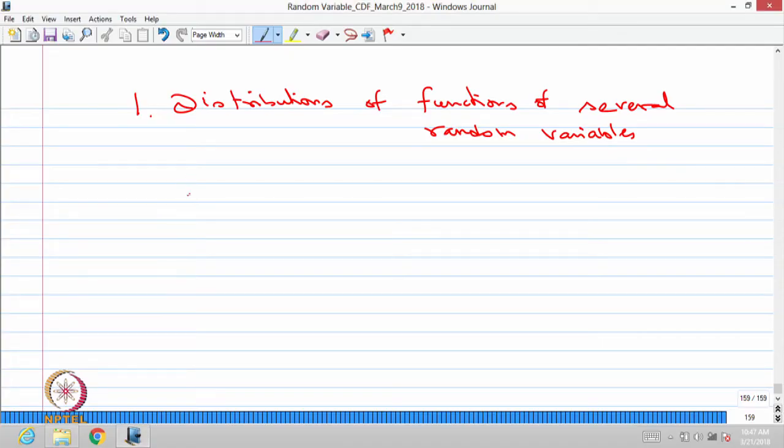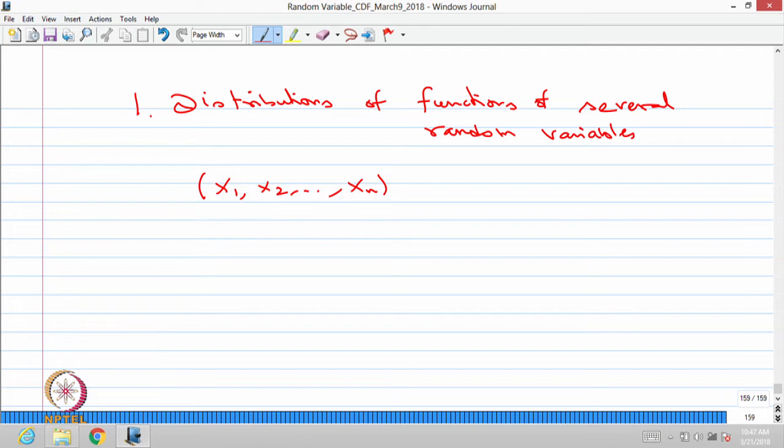In that case, our interest is to find out what is the distribution of the new set of random variables, when we know the distribution of the earlier set of random variables. When I use the word earlier set of random variables and the new set of random variables, I am using the notation: the earlier set of random variables is x1, x2, xn.